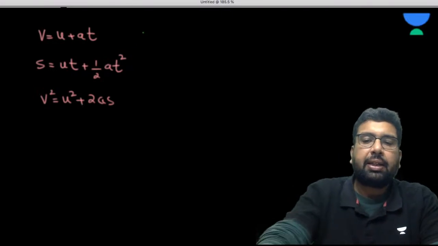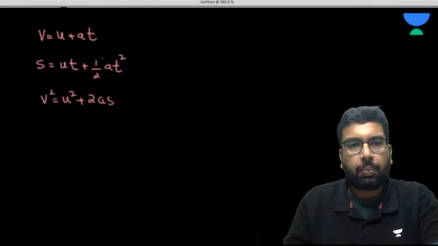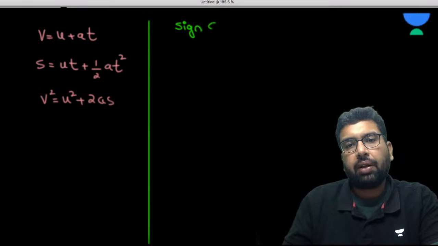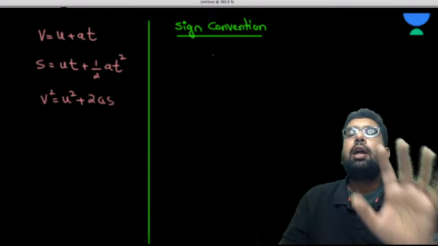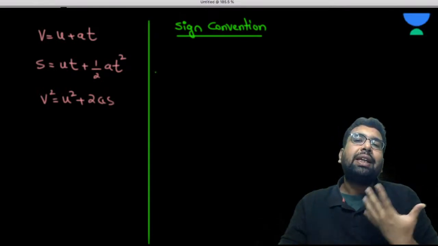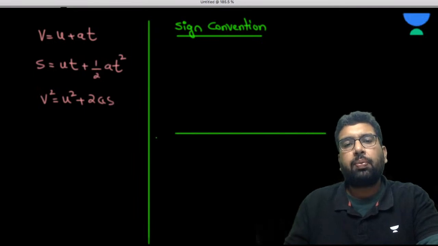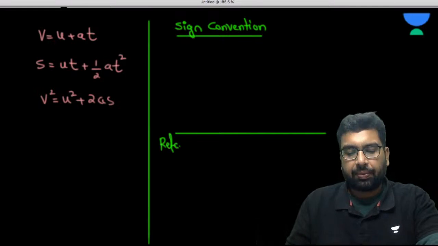Right. Now we are going to deal with the sign convention, and we'll be using these signs for ease. Very simple. Let's suppose this is your reference point, maybe the ground or from where you are taking the reference.